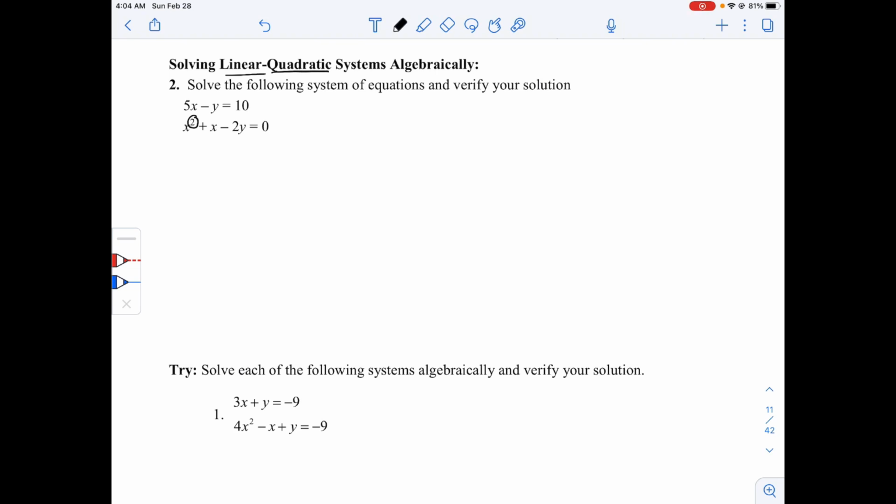In order to use substitution, right away I can see my process. I'm going to solve for my coefficient of 1. If I take this first equation and rearrange it, we get 5x minus 10 is equal to positive y.